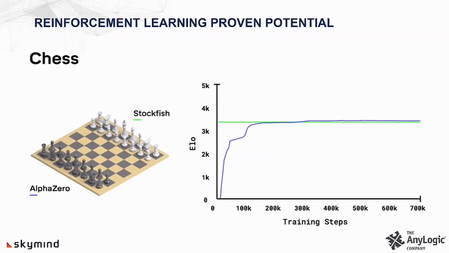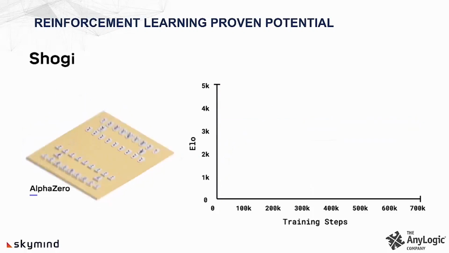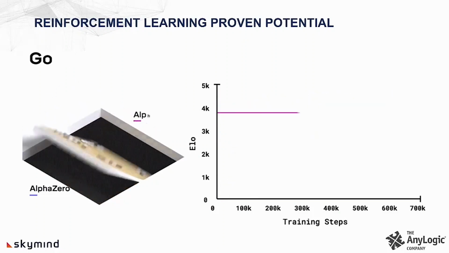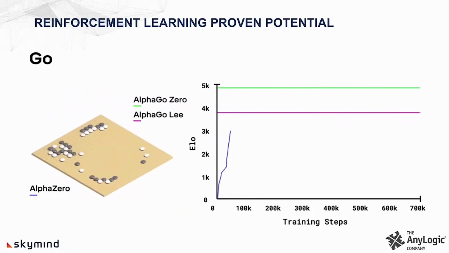This version was so strong that it beat AlphaGo 100-0, and the algorithm itself was so generic that it's pretty easy to also have it learn how to play shogi and chess.